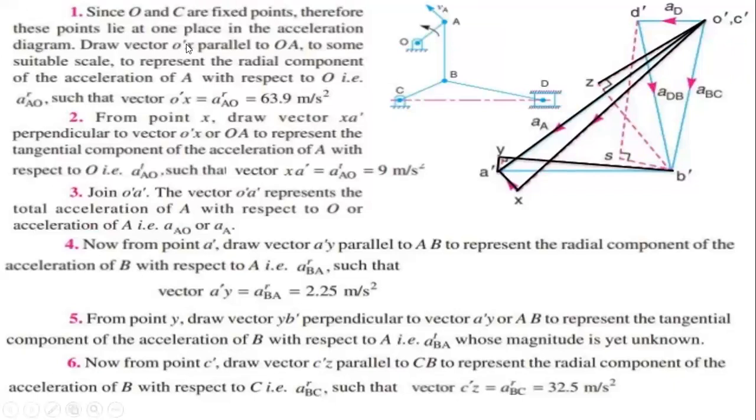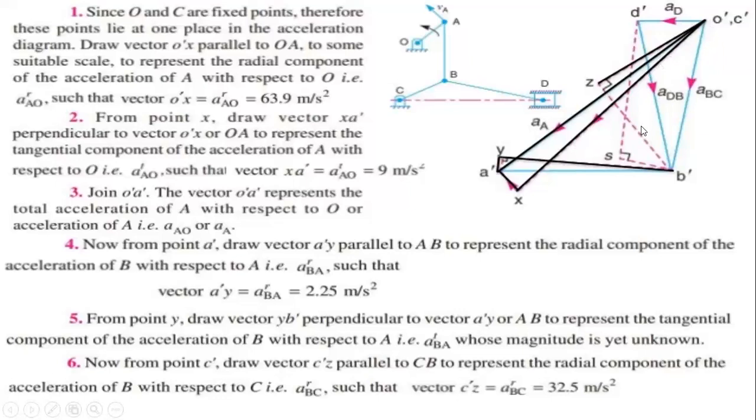Since O and C are the fixed points, these have to lie at one point in the acceleration diagram, and draw the o dash x. So this is the o dash x line.